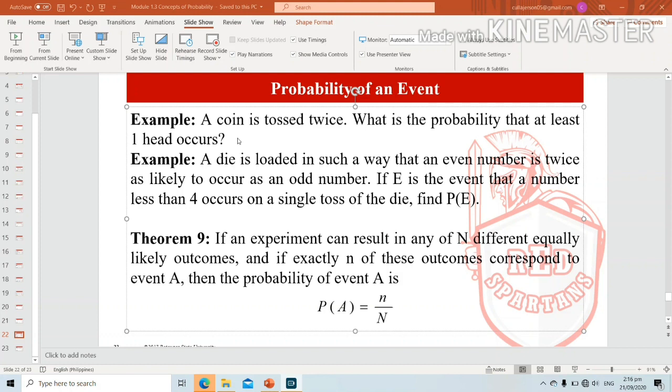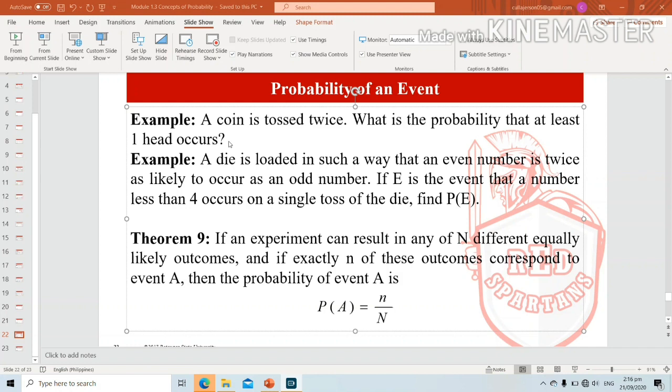So dito, yung ating experiment, nag-toss ng coin na twice. So ibig sabihin sa first toss, ang lalabas ay head and tail. So gawa ulit kayo ng tree diagram. Then yung second outcome natin or second toss, yung head, pwedeng head and tail pa din, then head and tail.